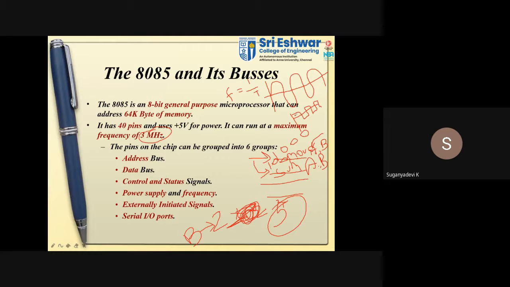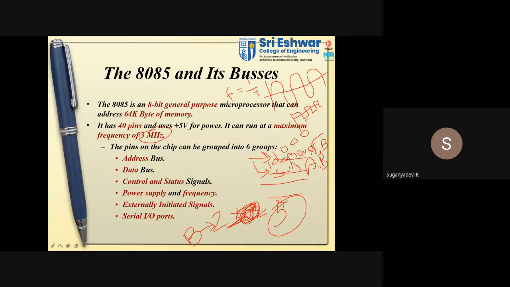What is a clock signal? That is a square pulse. This is called your clock pulse. I am going to execute one instruction with one clock pulse, then the second instruction with the second clock pulse. Likewise, 10 lines require 10 clock pulses individually.